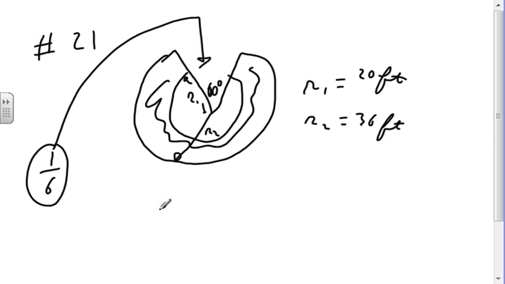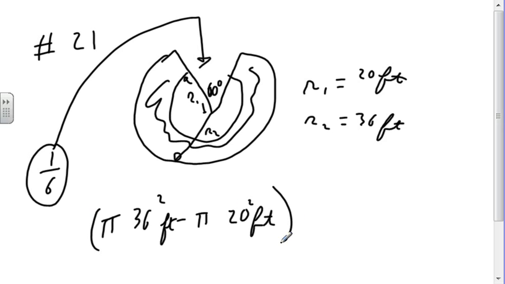If I go pi, the big radius squared, minus pi, the little radius squared, I would find the area of the whole thing. And then if I multiply that by 5/6, I would get the shaded area. So that's my plan.